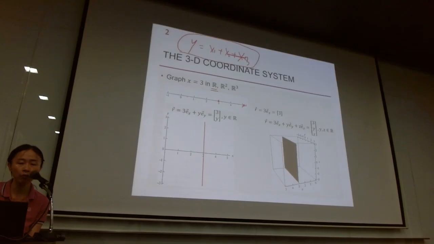So in one axis, what do you draw? It's easy to make a mistake here and draw a line. No, in one axis, what is smaller than a line is a point. So x equal to 3 in R1 is a point.